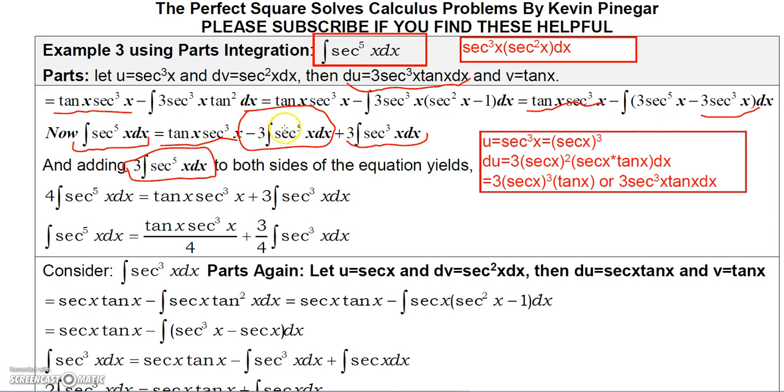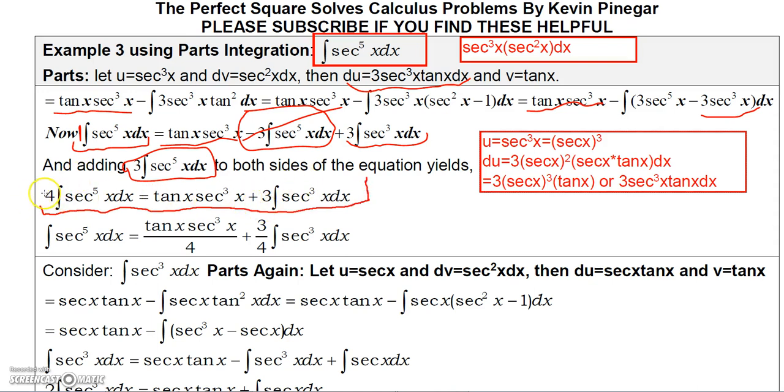And then if I add it to this side, well, that's like saying you have one of those integrals, and now you're going to add 3 of those same integrals back. So now you're going to have 4 of those integrals. And then on the right-hand side, that's going to equal the tangent x secant cubed x plus that last integral that I had, 3 times the integral of secant cubed x dx.